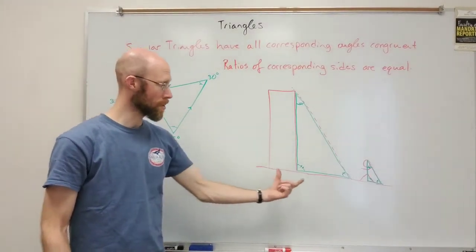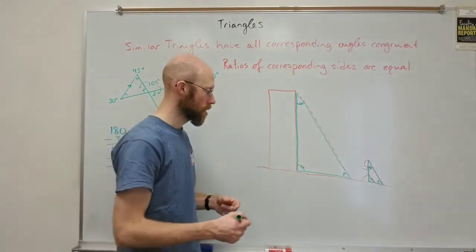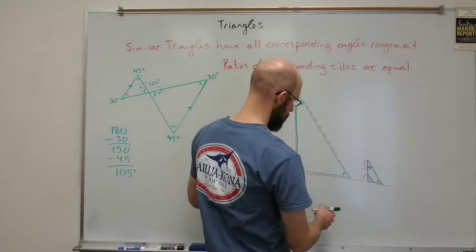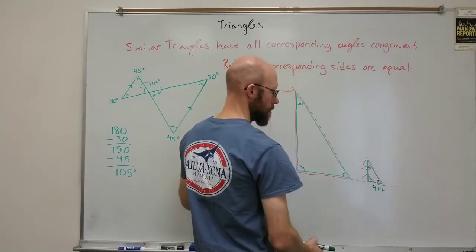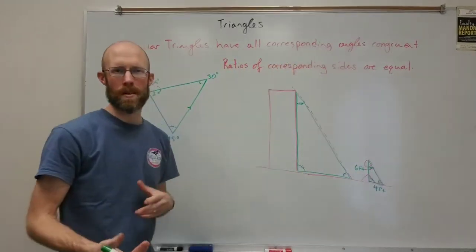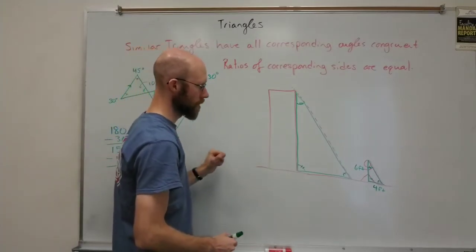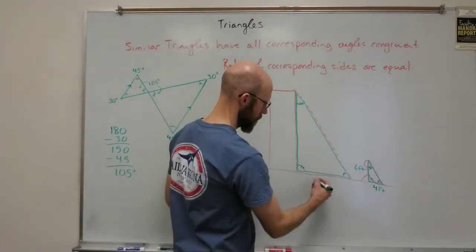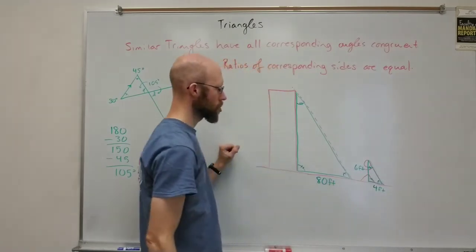Now let's say you could measure the shadows. You're down here on the ground, right? You can measure the shadows. Let's say this shadow here is 4 feet for the person, and the person is 6 foot tall. Okay, just to give us some nice numbers, right? And then let's say the building here has an 80-foot shadow.